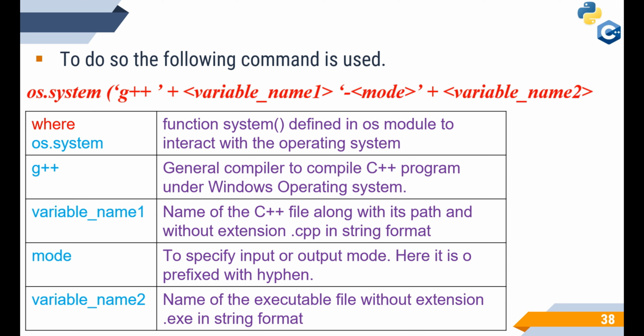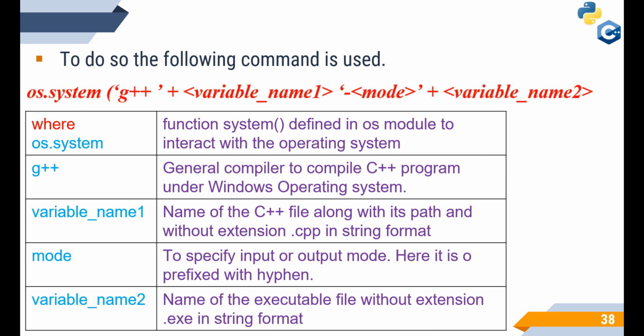Here os.system, the function system defined in the os module, is used to interact with the operating system. g++ is the general compiler to compile C++ programs under the Windows operating system. Here variable name1 is the name of the C++ file along with its path and without the extension .cpp, in string format.